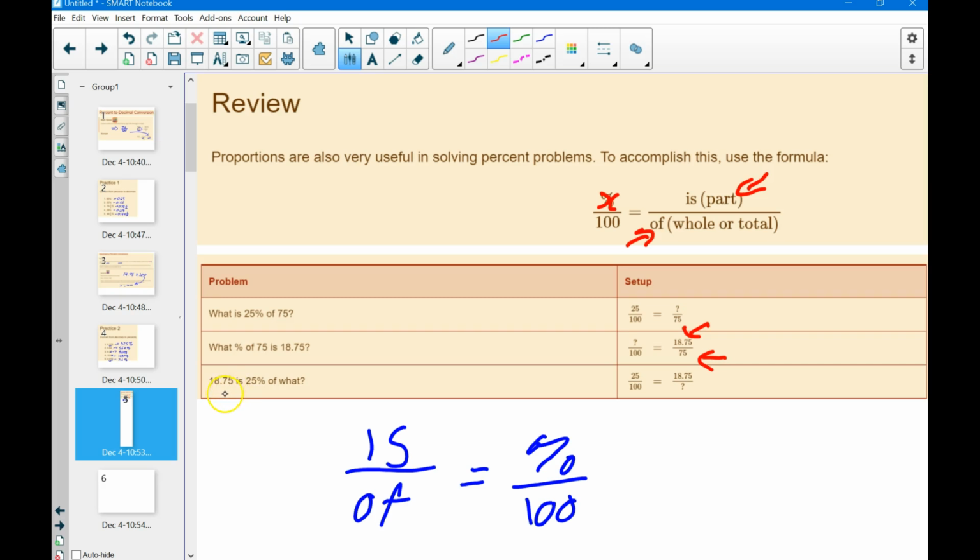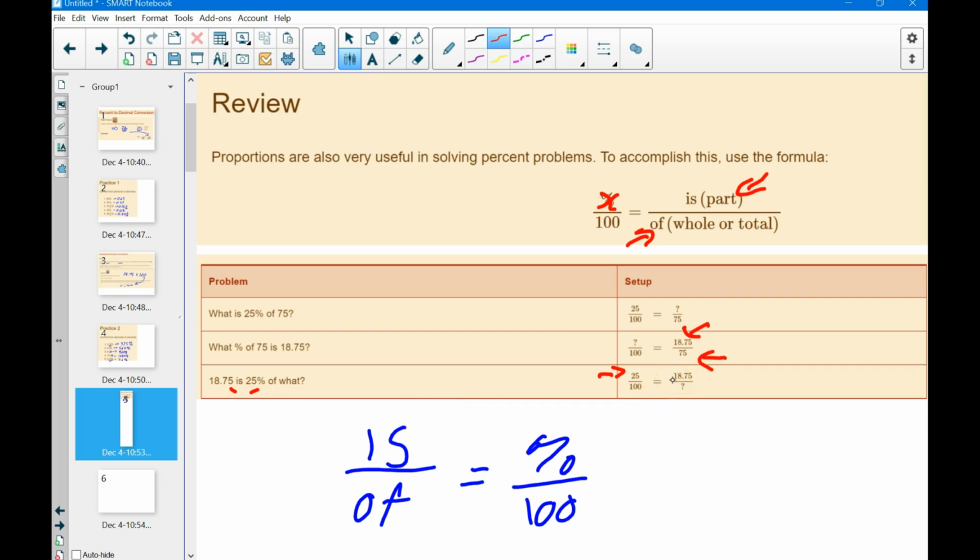Down here we see 75 is what percent? Sorry, 75 is 25% of what? So looking at that here, we say over here 25% is on the top. Sorry, 18.75 is.